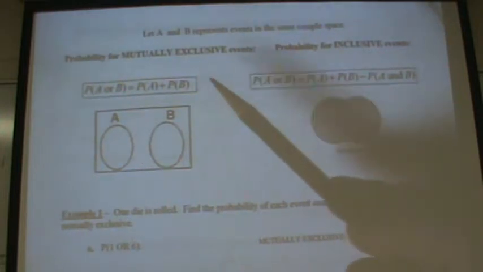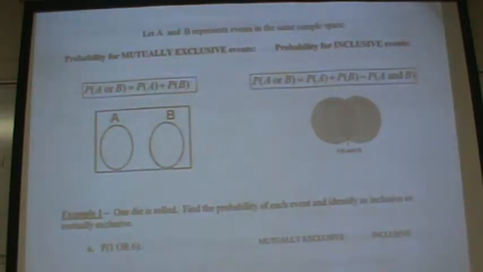And we also have our equations for finding these probabilities. If our event is mutually exclusive, we're going to take the probability of our first event and add it to the probability of our second event.